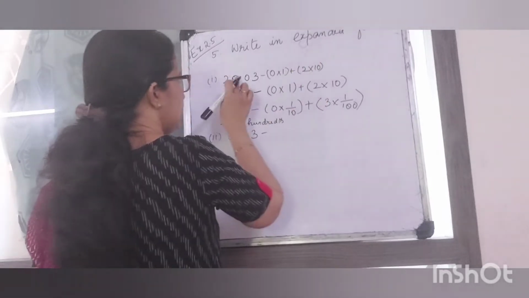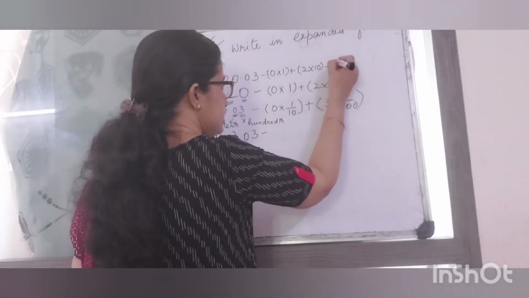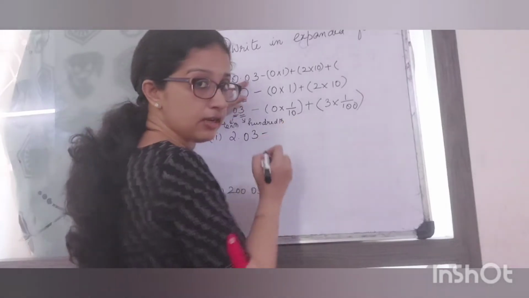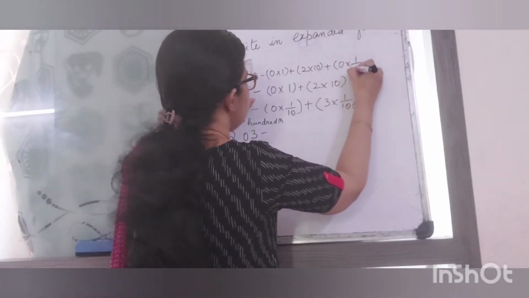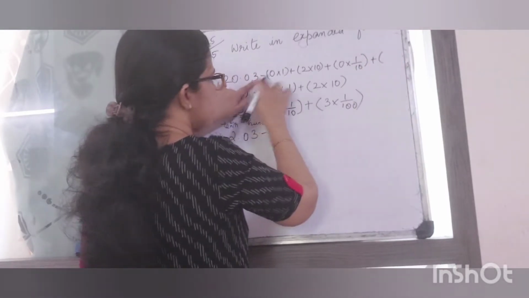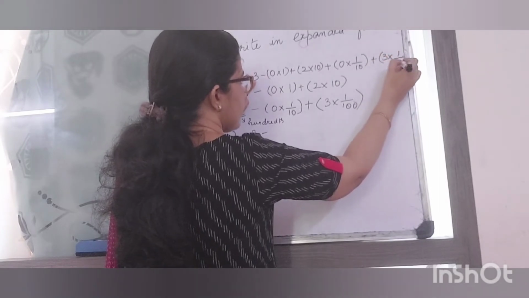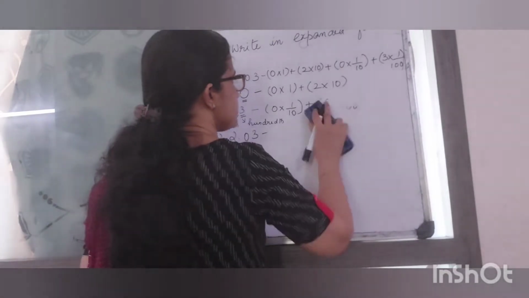This is the left hand side of the decimal. Now come to the right hand side, plus 0 into 1 by 10 plus 3 into 1 by 100. Clear? This is the answer now.